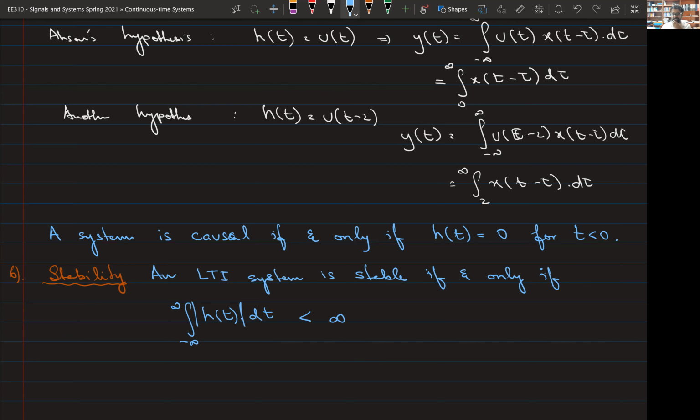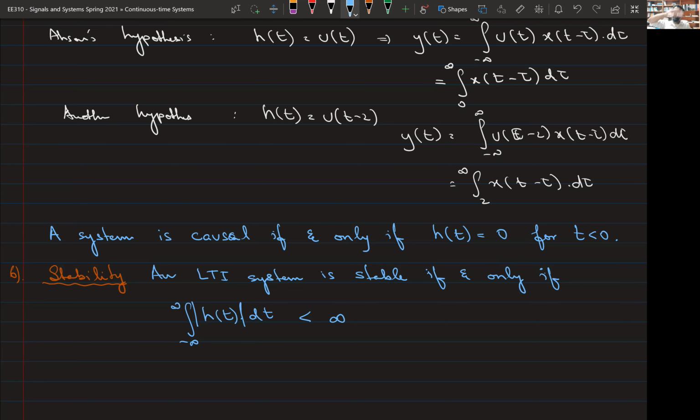So if this condition is satisfied, that if I take the absolute value of h and integrate from minus infinity to plus infinity, and that area under the curve turns out to be finite, then the LTI system must be stable. And that's the only way it's going to be stable. If this condition is not satisfied, then it must mean it's an unstable system, right?